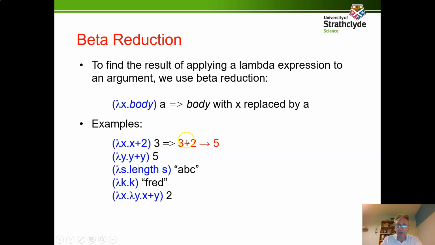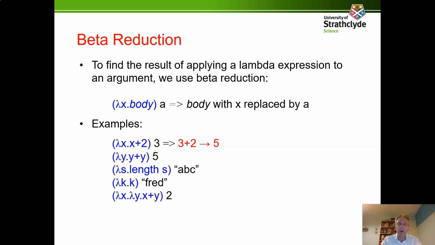So it's in 2 stages. The first stage here, this is the beta reduction. And then the second stage is the evaluation. In this one here, the body is y plus y. The bound variable is y, and the argument is 5. So we're going to write out the body, but wherever we see y, we replace it with 5. And that goes for both instances here.